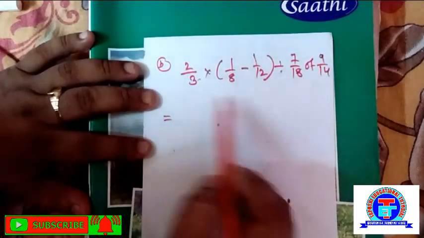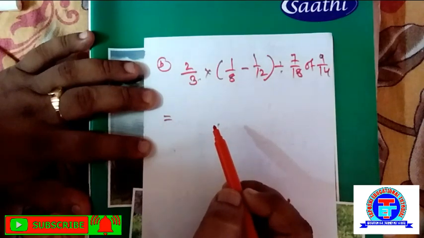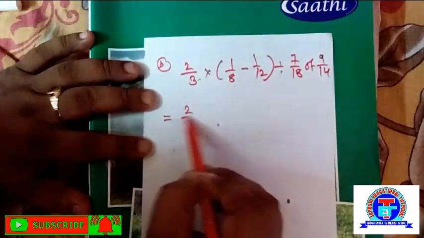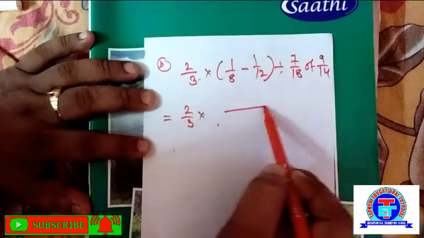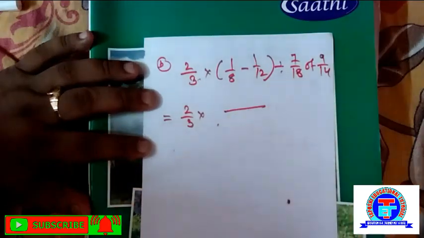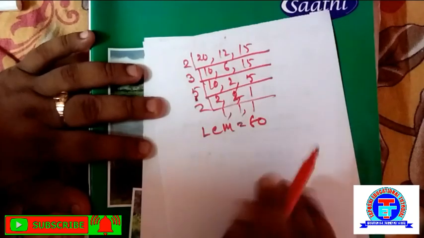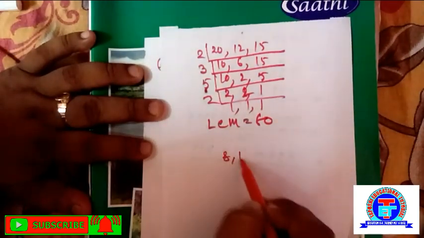So here we follow the BODMAS rule, as you know. Okay, so 2 by 3 into, we do the LCM of 8 and 12. LCM of 8 and 12.